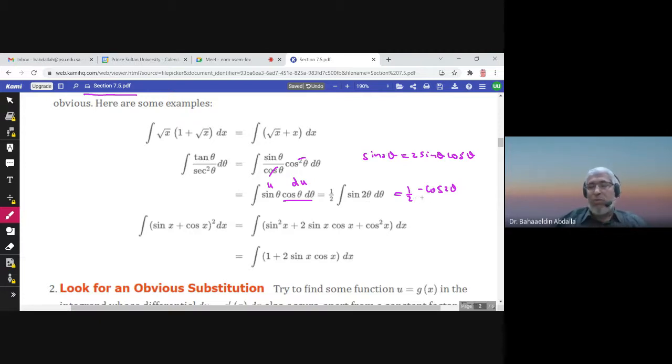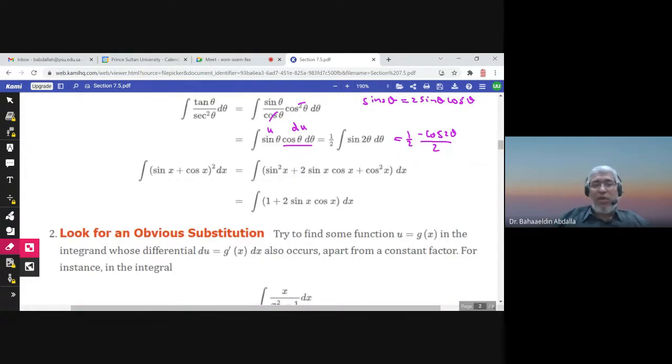So over 2, because 2 theta over 2. So the answer would be negative 1 over 4 cosine 2 theta. So you can solve this question in two different ways. And of course, you can prove that the two ways are the same, but you need to change cosine 2 theta to sine theta.